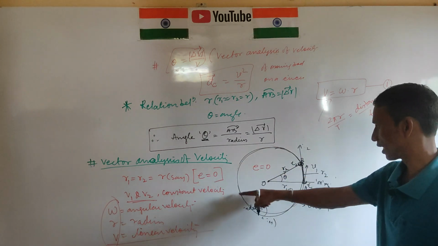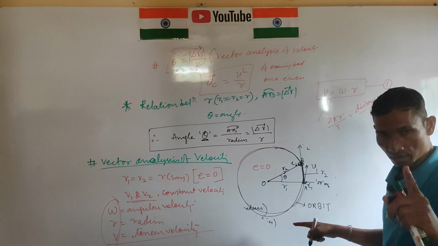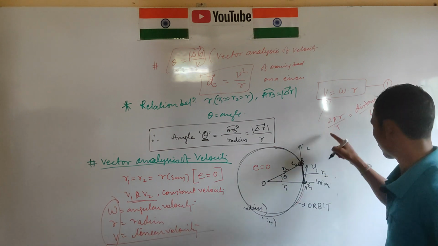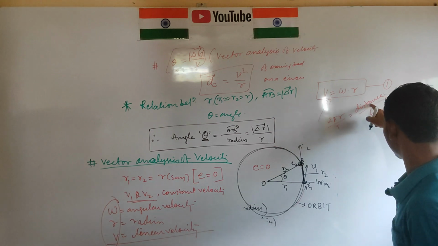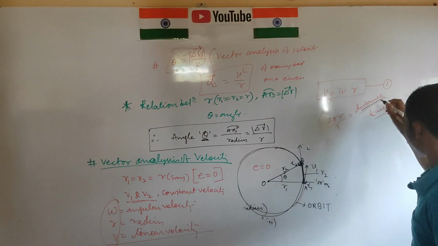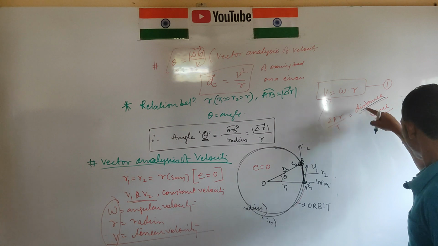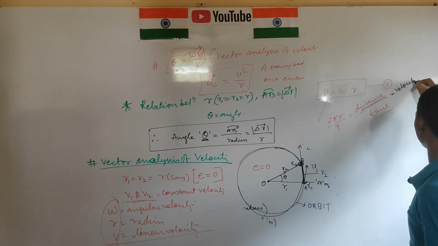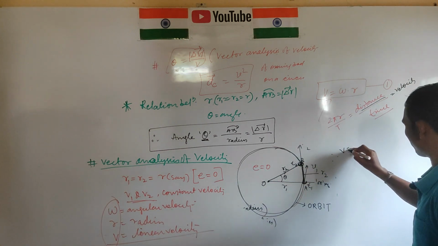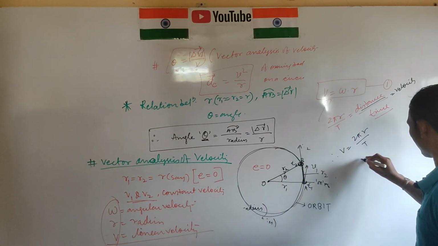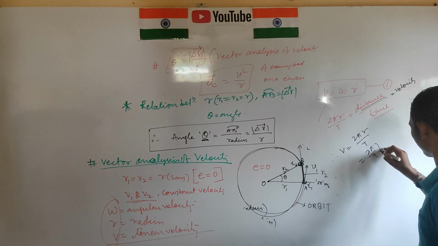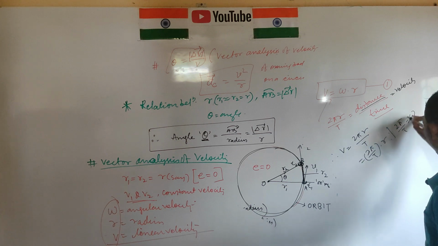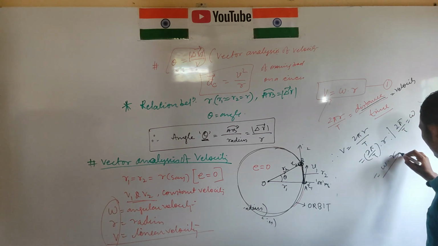When it completes one cycle, that is one circumference. What is the distance of one circumference? That is 2 pi r. Distance divided by time is velocity. Therefore, velocity v is equal to 2 pi r upon T. That is 2 pi by T times r. What is 2 pi by T? That is called omega. So v equals omega r. This is the relation.